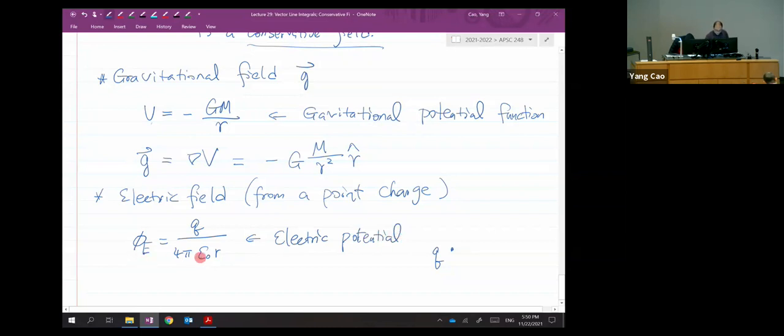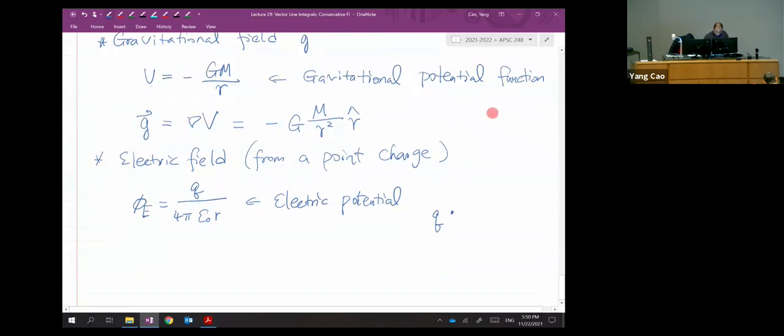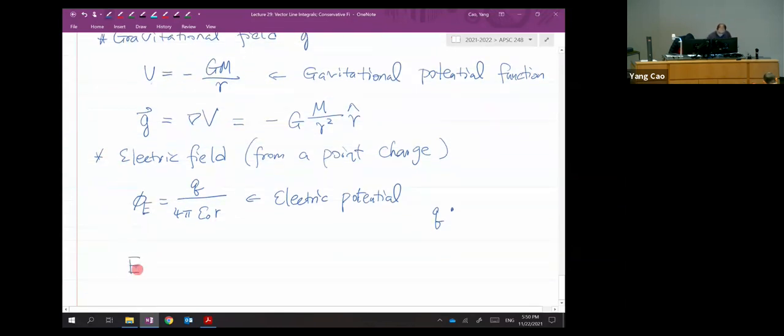We call this phi E. Obviously, this is a scalar function. Then the electric field due to this point charge will be simply calculated by taking the gradient of this scalar function, del phi E, which you end up with as Q over 4 pi epsilon r squared times r hat.